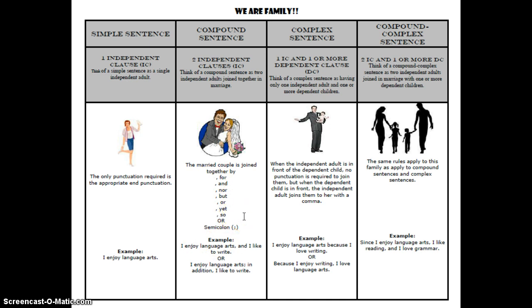Things get a little complex after they got divorced, and we've got one independent person and one or more dependent people. That's when things are complex. And then things get really tricky when it's compound complex. Two independent clauses and one or more dependent clauses. Good luck!